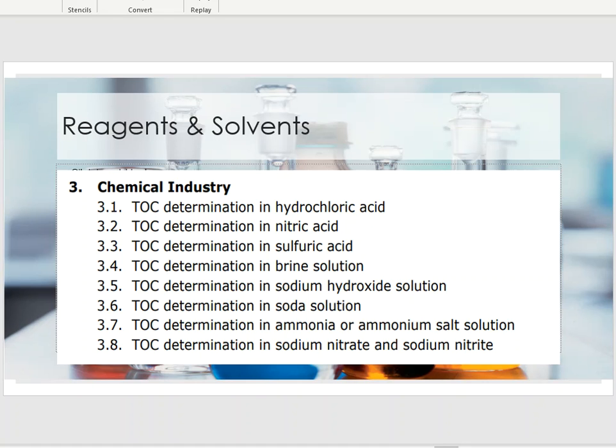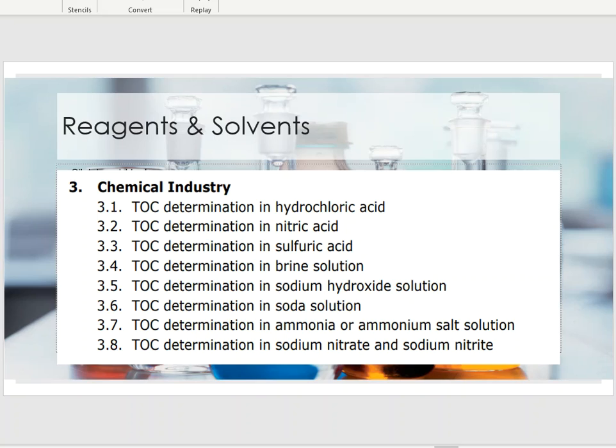So again, it is found and used in multiple different industries. These are only 3 examples, folks. But if it has a laboratory and it's making a product, and we want to ensure that it is clean before we sell it to somebody else, then a TOC analyzer is going to probably play a role in some form or in some fashion.